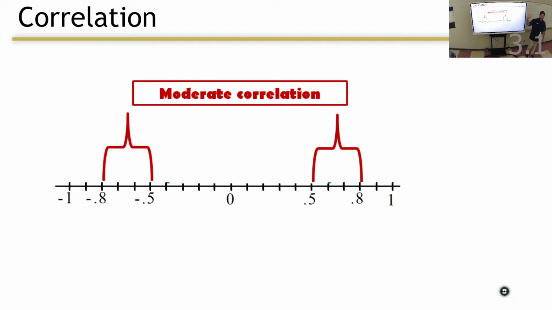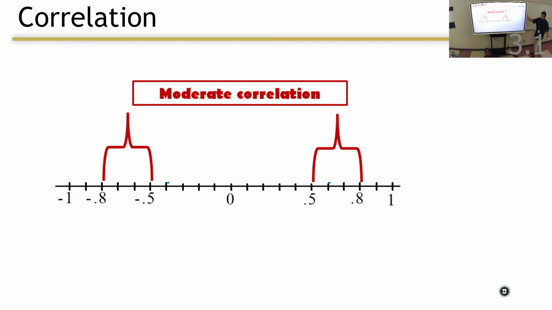0.5 to 0.8, that's where we can start calling it moderate. If you want to say moderately strong or moderately weak, that's fine too. Very few times are they going to ding you for that, because it's pretty much strong or weak.